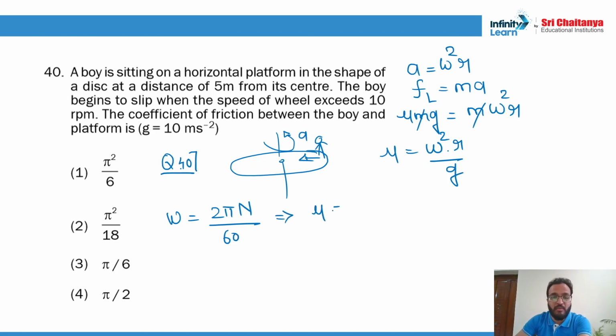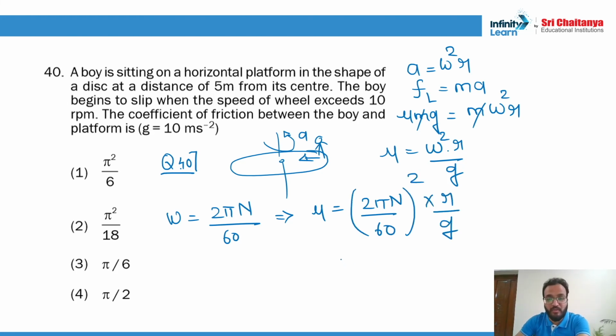So similarly, mu will become 2 pi n by 60 whole square into radius by g. So when you put it, your exact answer comes out to be, mu is equals to pi square by 18. This is your exact answer that comes out. Okay.